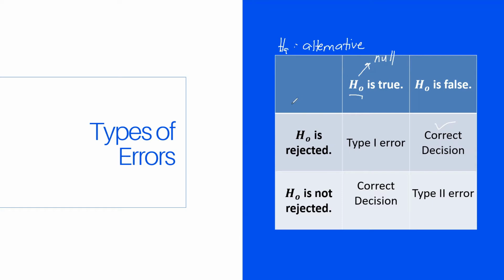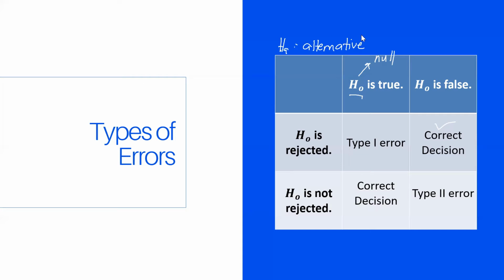By the way, class, we don't use the term accepted because technically we don't really accept the hypothesis. Instead, we just do not reject it. We don't accept it as fact, but we will just consider it as true.